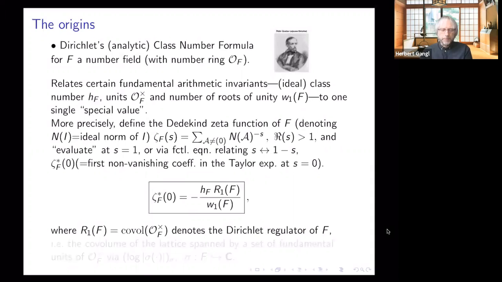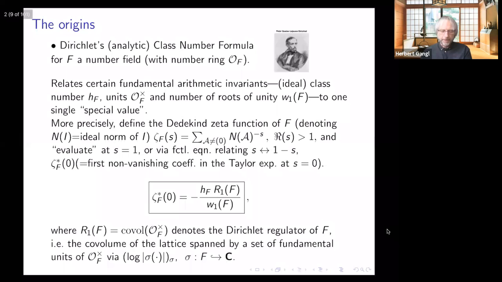And what do we mean by that? We first take the group of units in the number ring, and map it via different embeddings of the field into the complex numbers, and then evaluate the logarithm of the absolute value of those elements in C. Altogether those give us a matrix of which we take a maximal minor, and that is essentially the regulator.